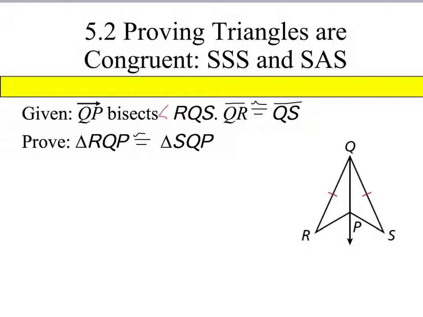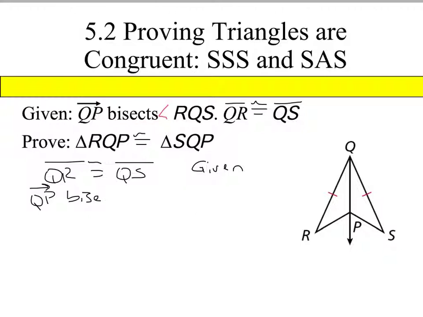All right, get through this quickly. I know that QR is congruent to QS. Why? That's given information at the top. I also need to make sure that I properly state this, that QP bisects angle RQS, because that is also given at the top, and that's important for what we later use.